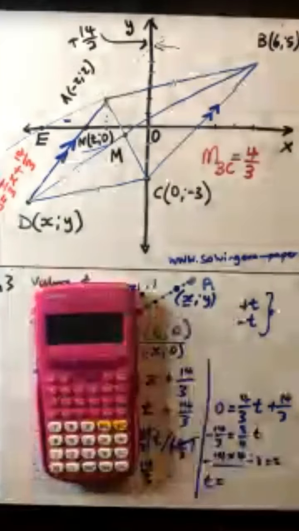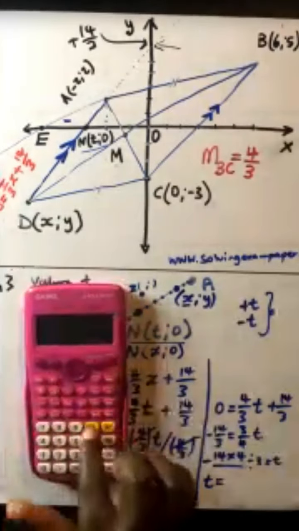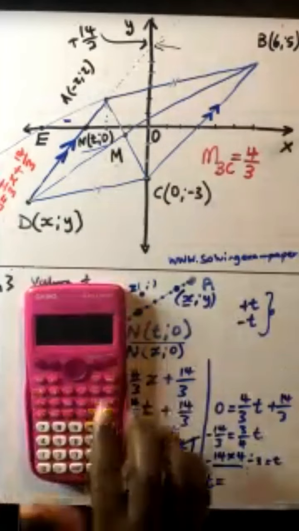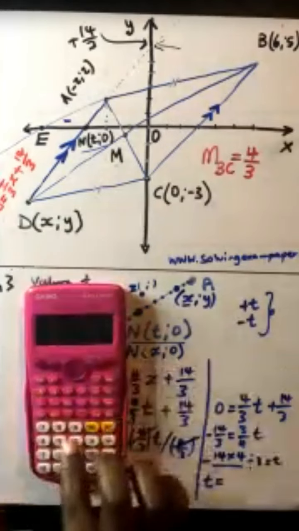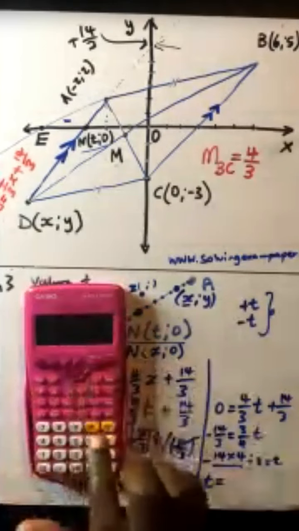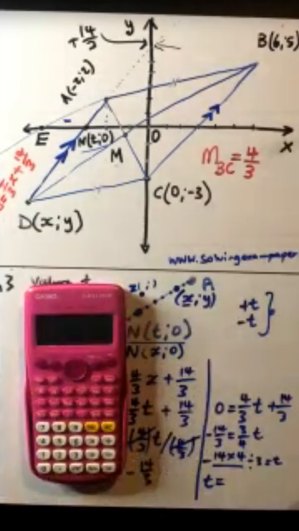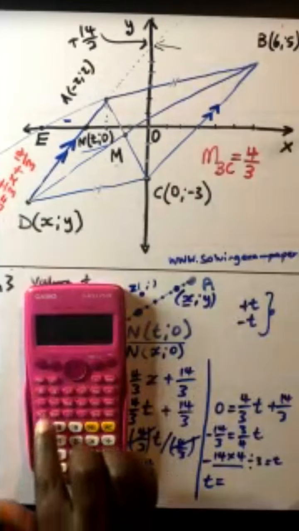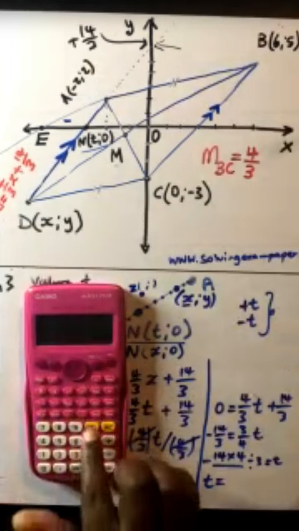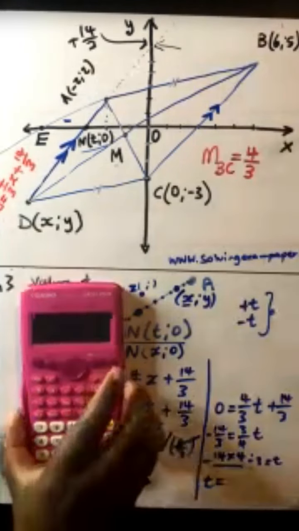So, guys, can someone also try to punch that on a calculator and let me know if we are all getting the same answer? Negative 14 over 3, that divided by 4 over 3. It's 7 over 2.